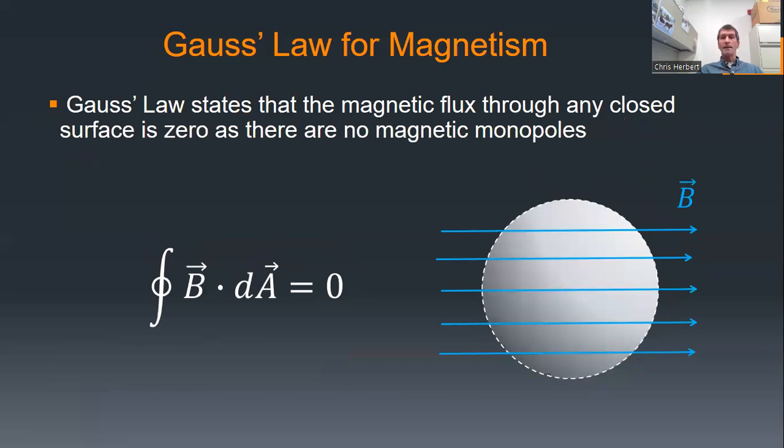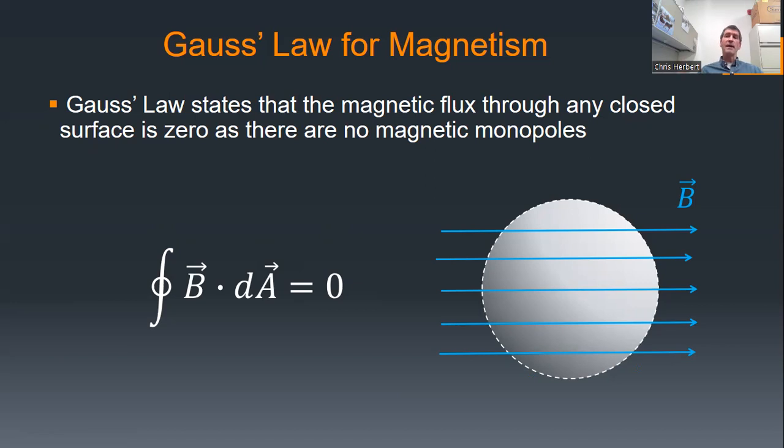However, magnetic fields can't start or stop at any point in space. So for instance, if I have a surface, again, I'll use this gray sphere that you see right here, I see that every magnetic field line that I have enters and exits that surface.